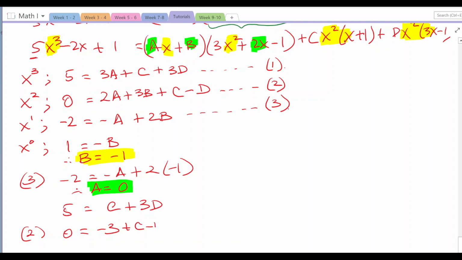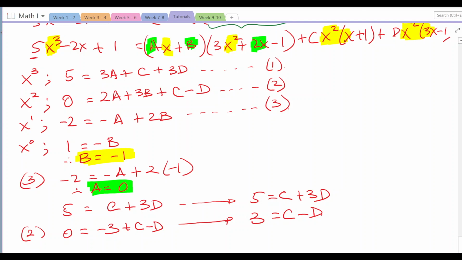Looks like we got some similarity here, so we move that to the right hand side: 5 equals c plus 3d, and 3 equals c minus d.